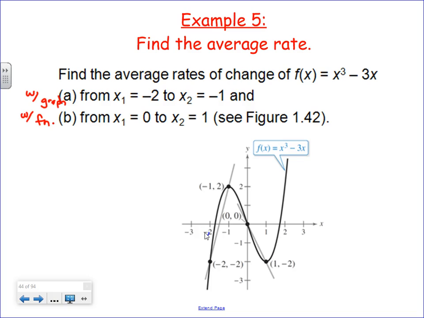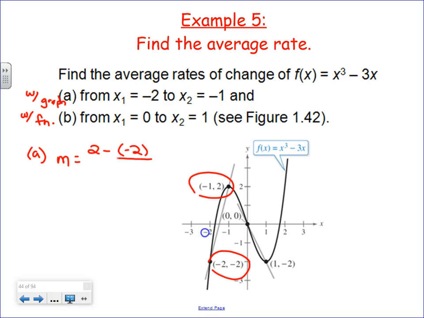So, with the graph, for letter A, how am I going to find the average rate of change from x is negative 2 to x is negative 1? Rise over run, which means m equals, what do you want to choose as your y2? This one? 2. Okay. 2 minus, what's the other y value?